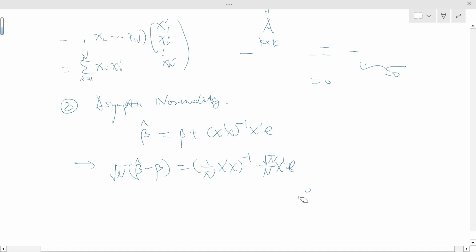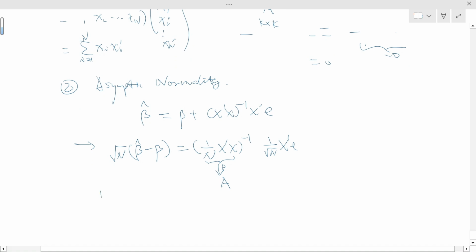So now we have root n here, or we can write it as 1 over root n times X prime e. We already see that the first term converges in probability to A, which is a k by k full rank matrix that we can invert. Now let's look at root n times X prime e.